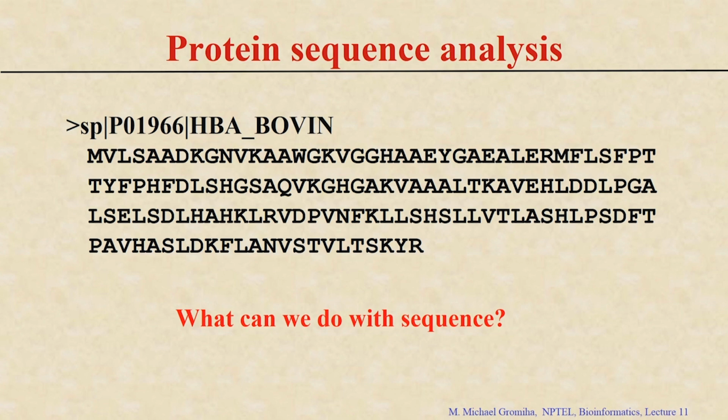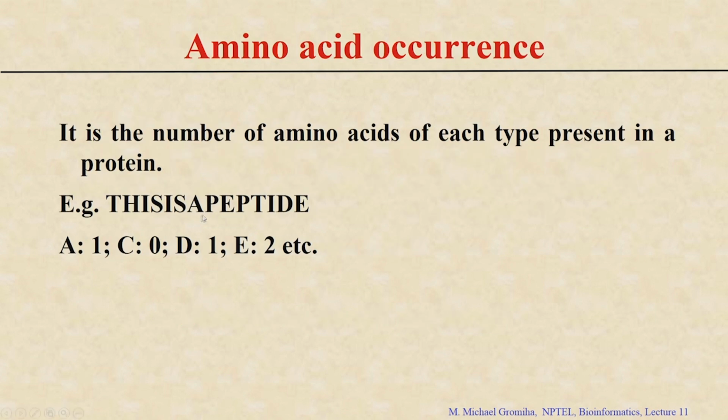There are various parameters you can calculate. What is the easiest parameter you can calculate from an amino acid sequence? The frequency of occurrence, right. Easily you can count how many times A is present, how many D's, how many C's, and so on. Here, for example, I show a peptide; this is not a real sequence. You can easily count the number of times each amino acid residue occurs in this peptide.